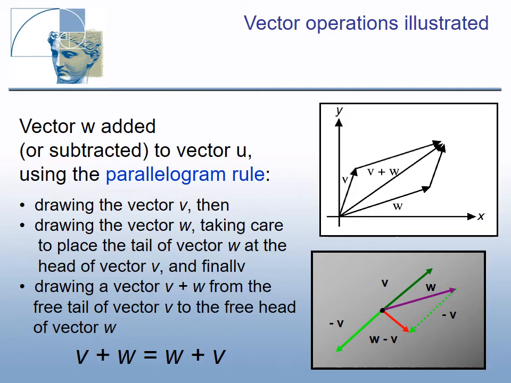Draw the vector V, then draw the vector W, taking care to place the tail of the vector W at the head of vector V, and finally draw a vector W plus V from the free tail of vector V to the free head of vector W. So, of course, you can recall the commutative rule that says that V plus W equals W plus V, and we could get it from this illustration.